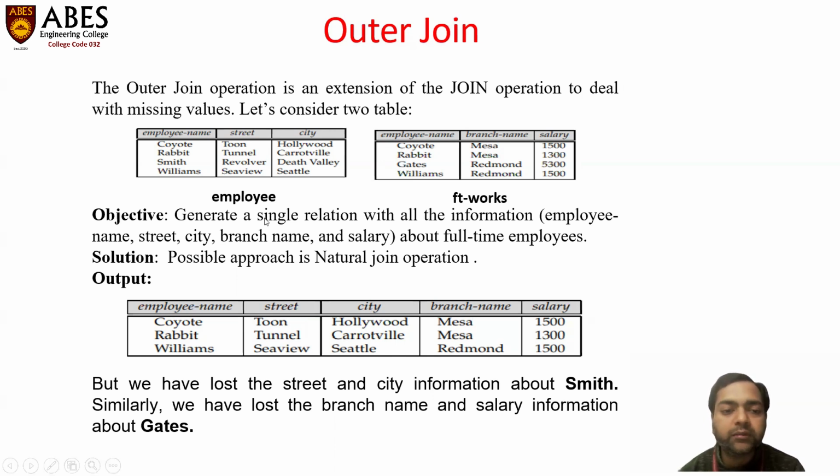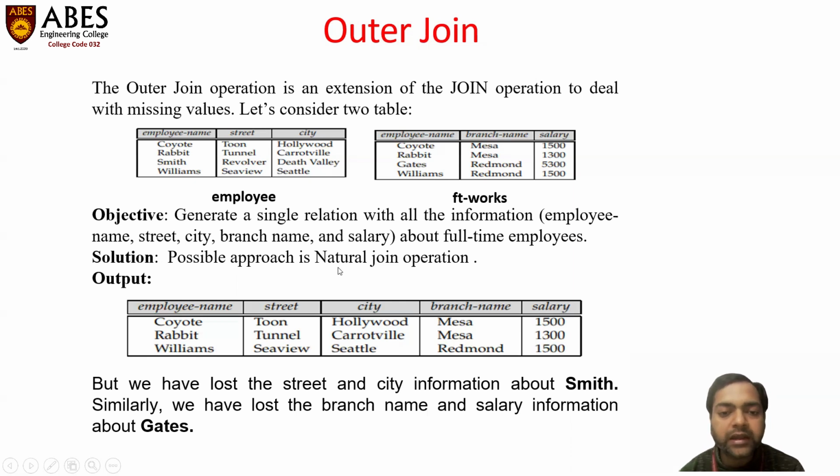Let us consider two tables here. Here we have the employee table and here we have the FT works table. Now, what will be the objective? Generate a single relation with all the information, that is employee name, street, city, branch name, and salary, about full-time employees. Now, what will be the possible approach? The possible approach is natural join.